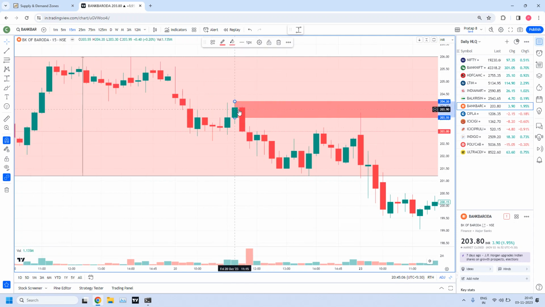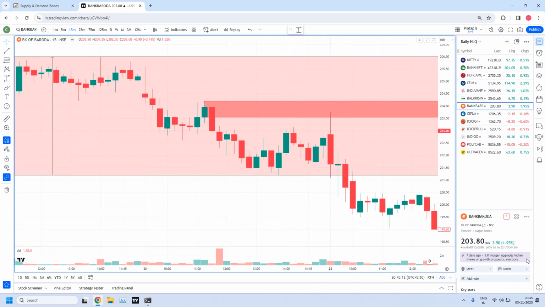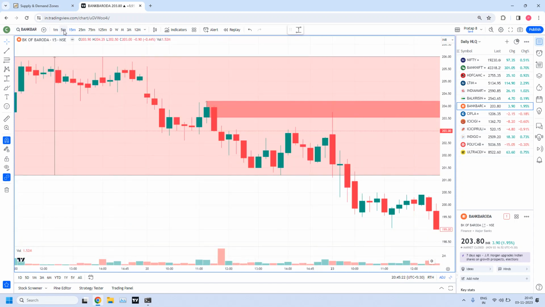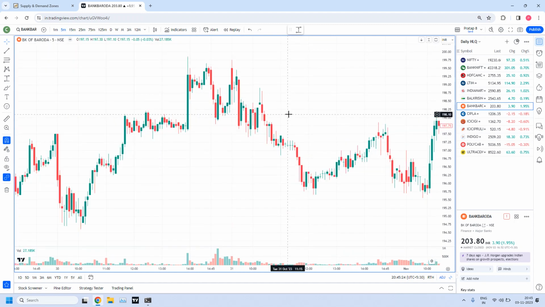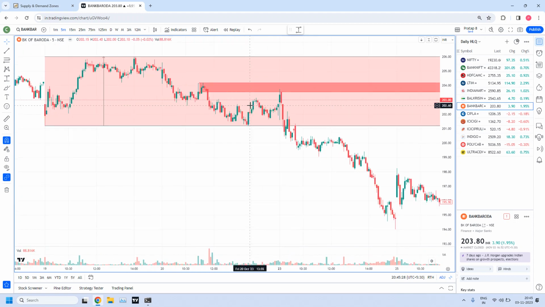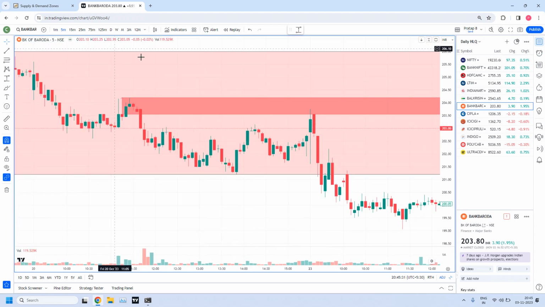If you want to minimize, inside this again you can draw the zone at 5 minutes level. Let us draw both. Sorry, let me change the time frame to 5 minutes. So we will draw one more zone inside, just a small difference from the risk management point of view.